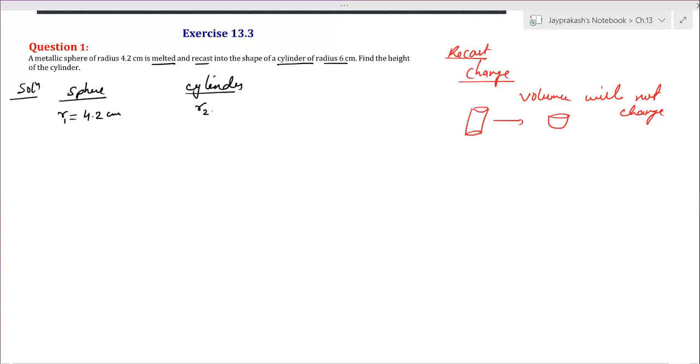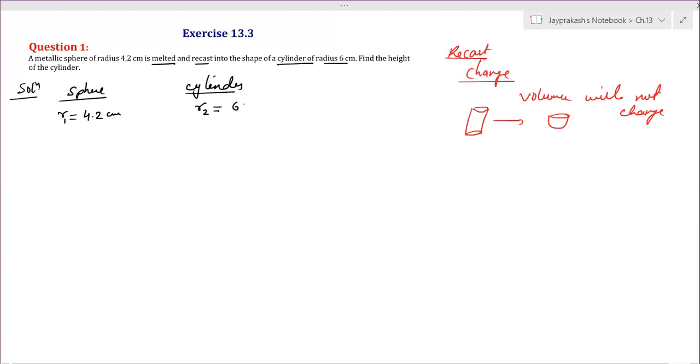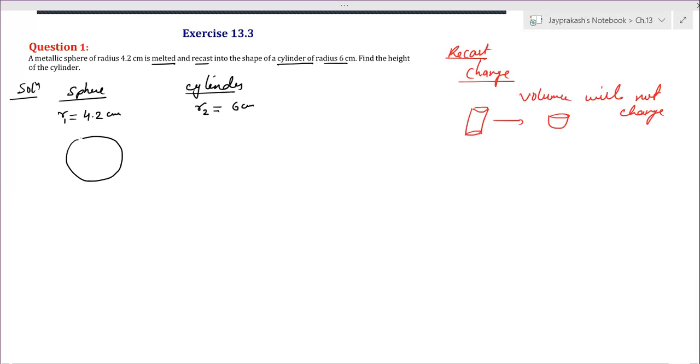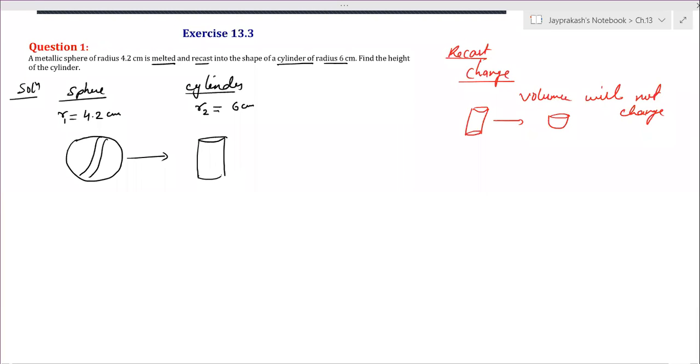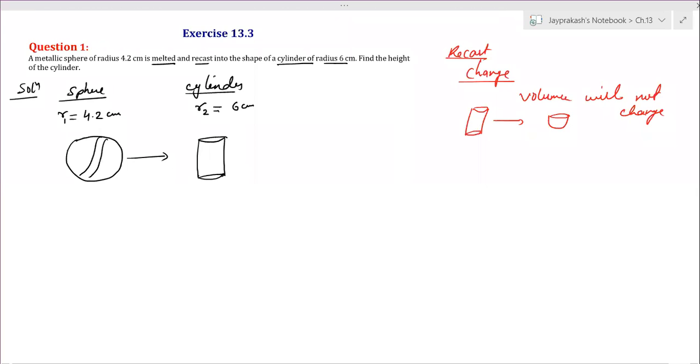These two have different radii, so we use R1 and R2. The radius of the sphere is 4.2 and the radius of the cylinder is 6 centimeter. Then we have to find the height of the cylinder.